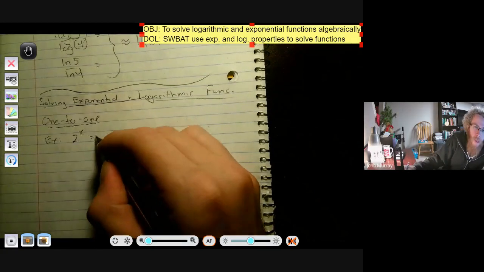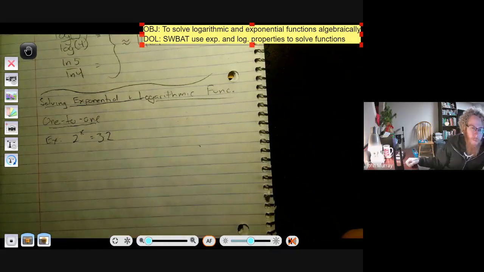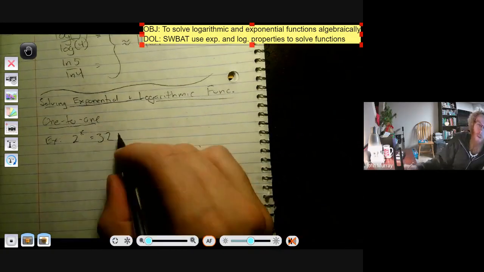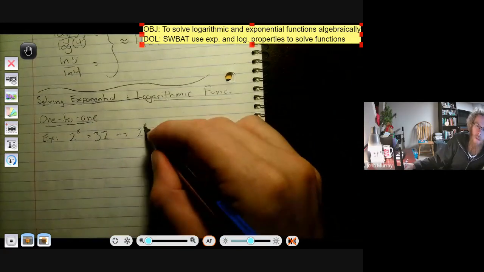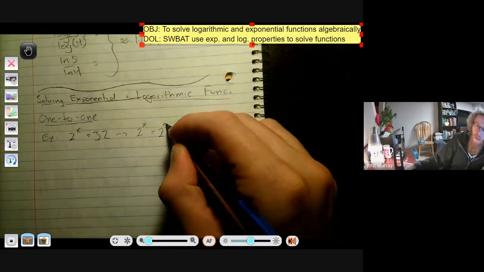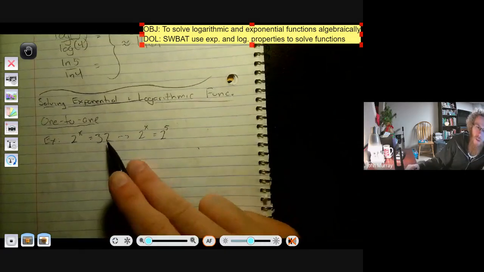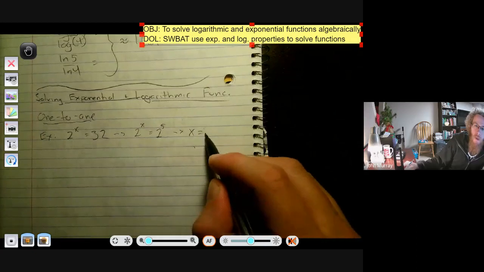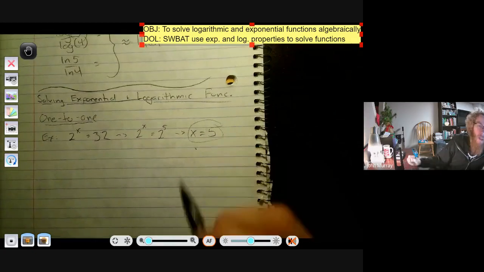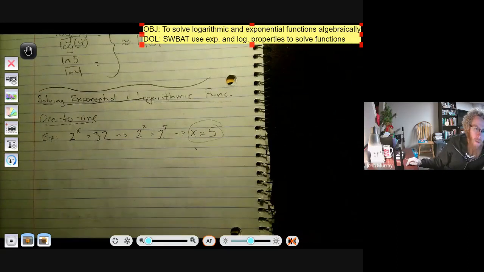But if we have something like 2^x equals 32, we remember we can change our bases so that they're the same. So we can change 32 to 2 to the 5th, and then from this, we just look at the exponents, and we know that x is equal to 5.